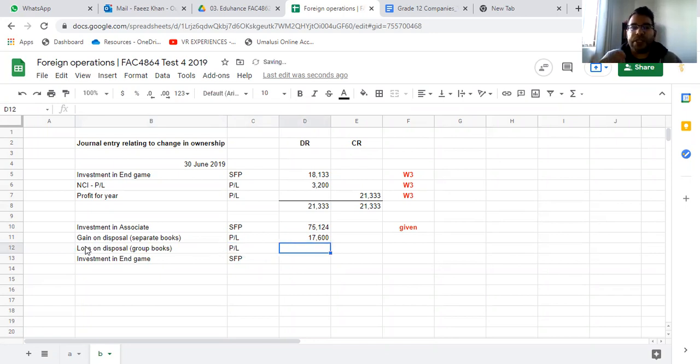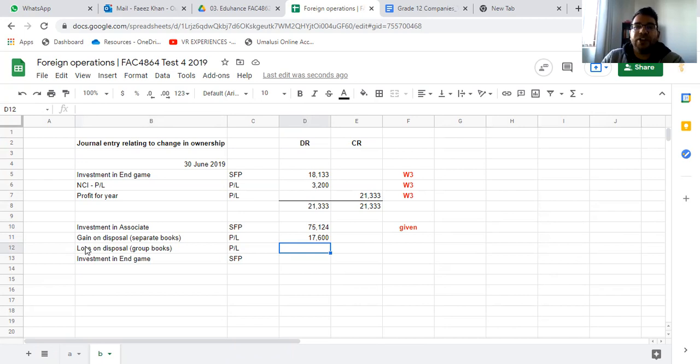So remember, with the gain on disposal from the parent's books, the group doesn't want it. Included in profit or loss is a gain which increased profit or loss. Because we don't want it, we need to eliminate it, so we debit it. With the group's loss on disposal, we want to recognize the loss.